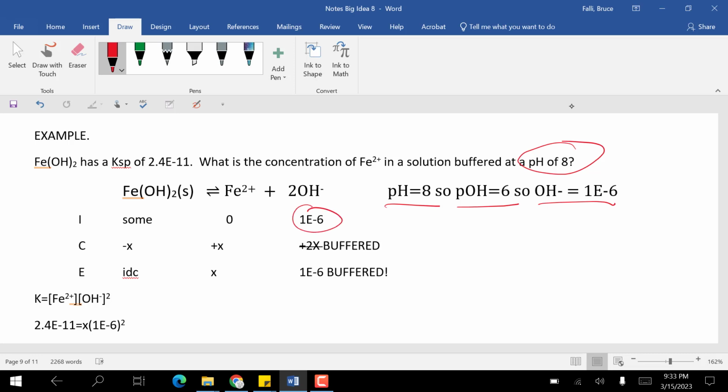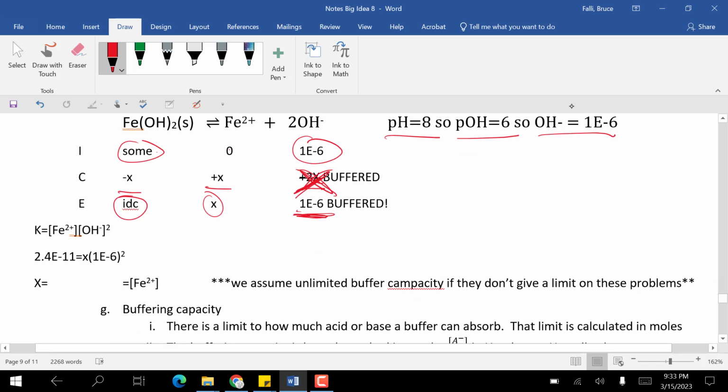So I'm going to find the solubility of it. So it's a solid, so I'm going to have some 0, not 0. See how it's not 0? It's buffered at that situation. Minus X, plus 2, plus 2X. It doesn't change. Why doesn't it change? It's buffered. And on the end, I don't care. X. It's still buffered. So that means I plug it in.